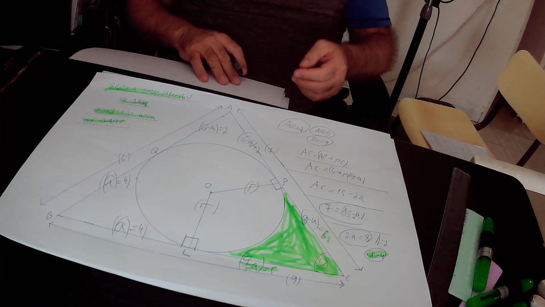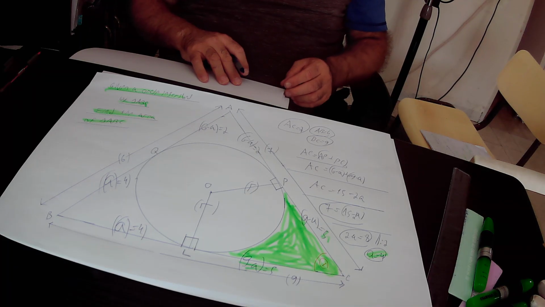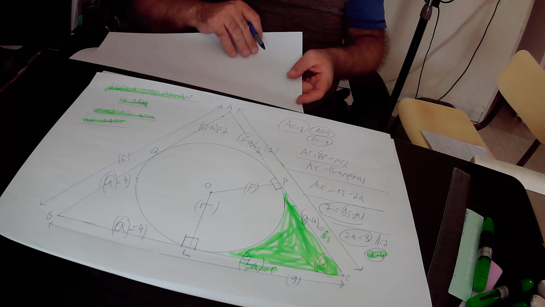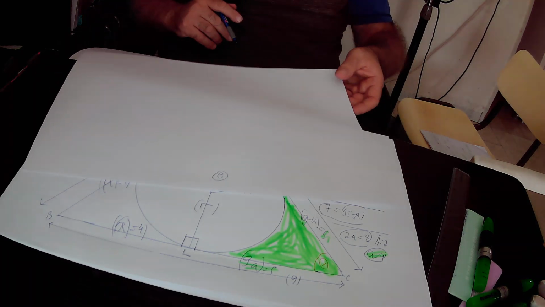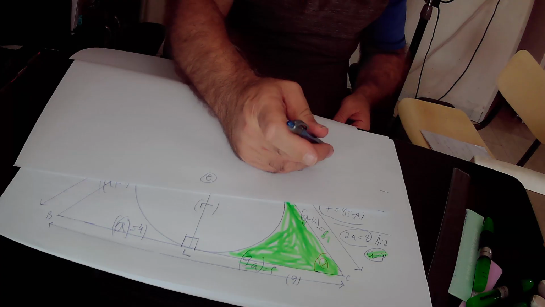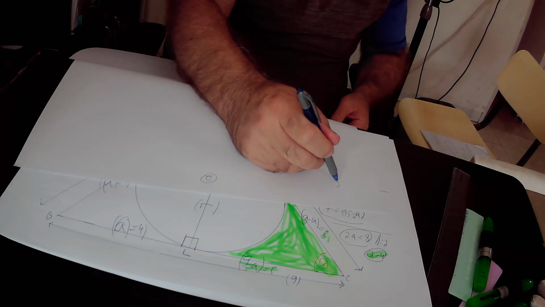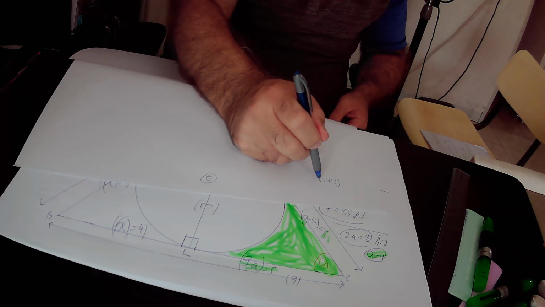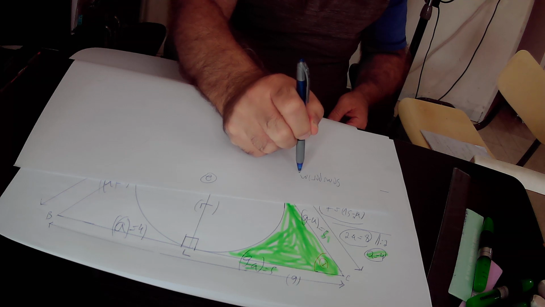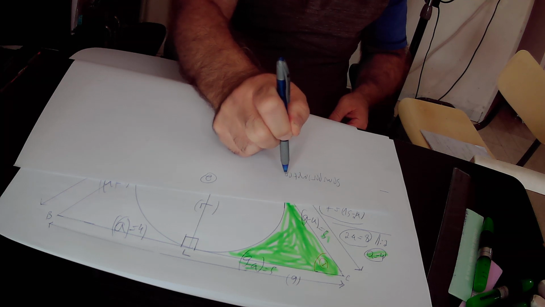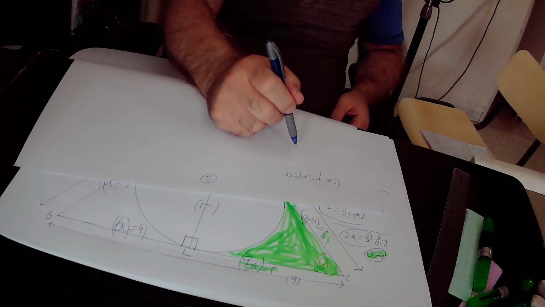So what is the value of the perimeter of this triangle ABC? What is the value of the semi-perimeter? S is the relation for a semi-perimeter.